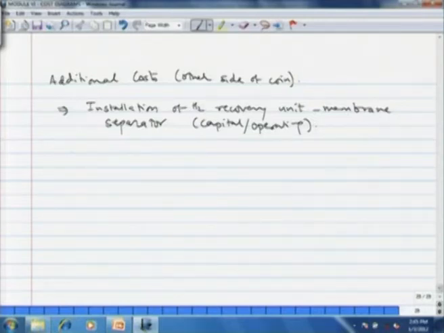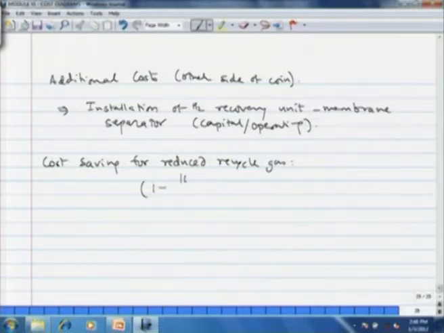Now, we are going to reduce the gas recycle stream. Okay, so all the costs that are associated with gas recycle will also go down. That point, well, we did not mention in the previous thing, but now we do it. So it is not an additional cost, but a cost saving for reduced recycle gas. It is 1 minus 1628 divided by 3371.